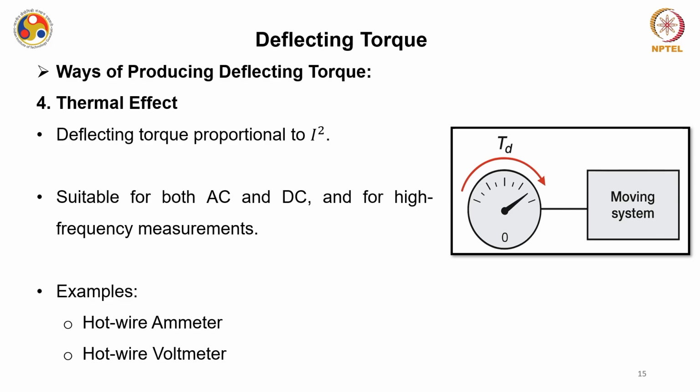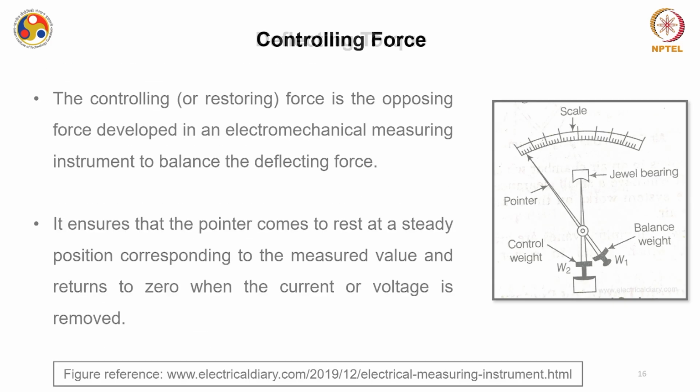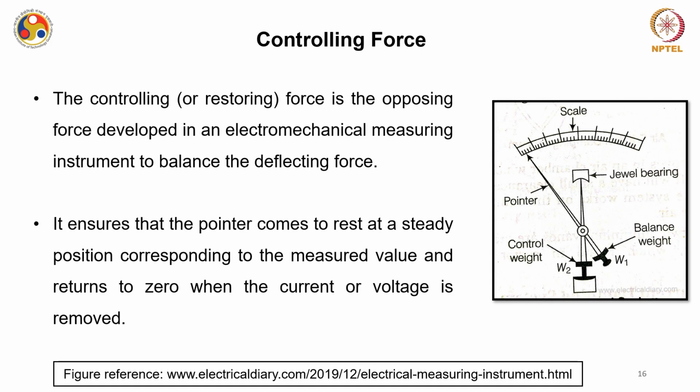So, they are applicable in hot wire voltmeters, hot wire ammeters, etc. So, this is in a nutshell what deflecting torque is and how it is produced. We will of course take them in more detail and write their equations when we talk about all these instruments, maybe PMMC or moving coil or other kinds of instruments. So, deflecting torque, I hope that is clear to you.